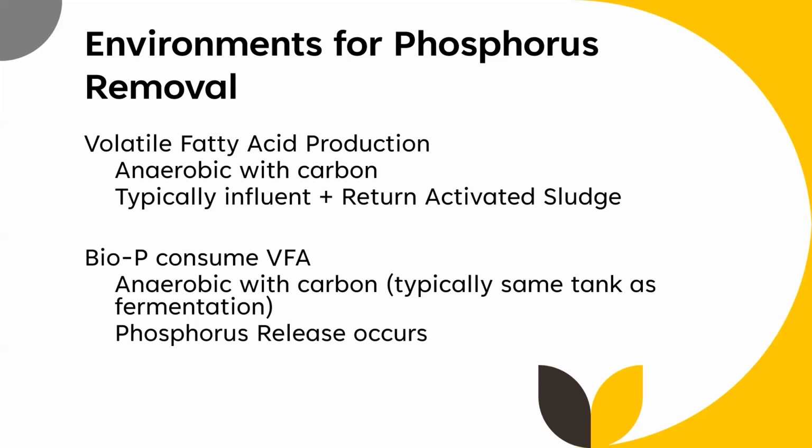These bio-P bugs consume that VFA in an anaerobic zone with carbon, so it's typically the same tank as fermentation occurring. In this process, where they're consuming the VFA, they'll actually release phosphorus back into solution. So this step, to remove phosphorus, you need to add more phosphorus from your biology.